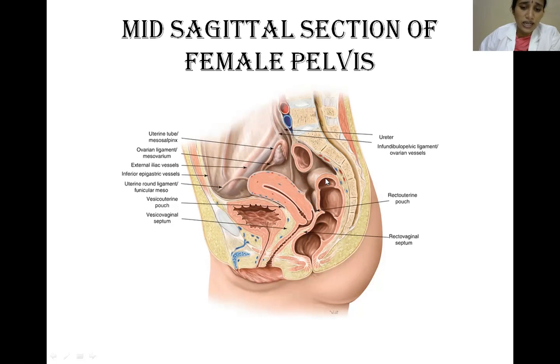So here it is the recto-uterine pouch, which is the deepest pouch, also called the pouch of Douglas. Next, anteriorly, it forms the vesico-uterine pouch. After that, it is reflected onto the anterior abdominal wall. Clear?